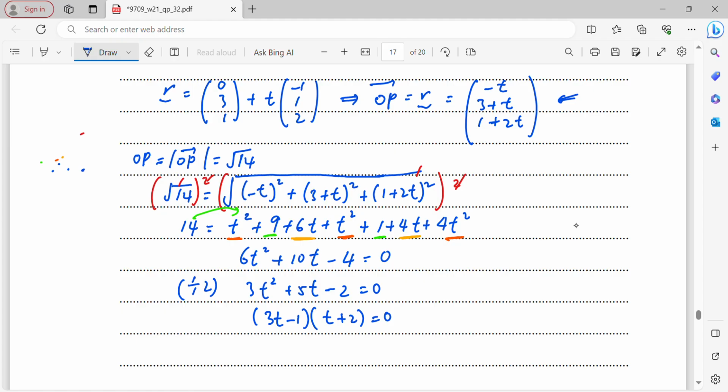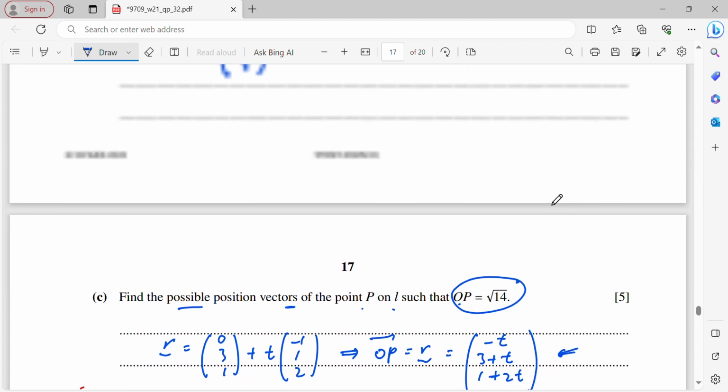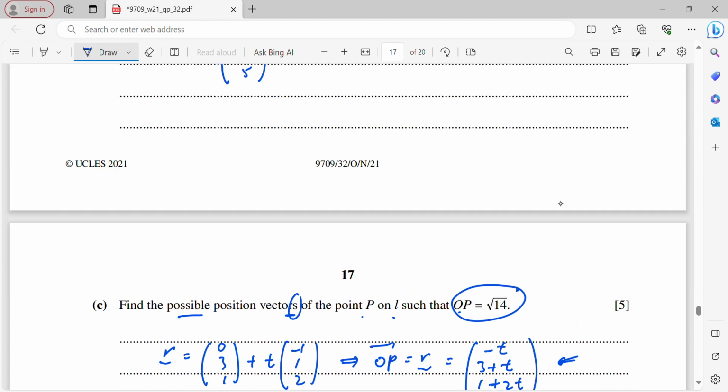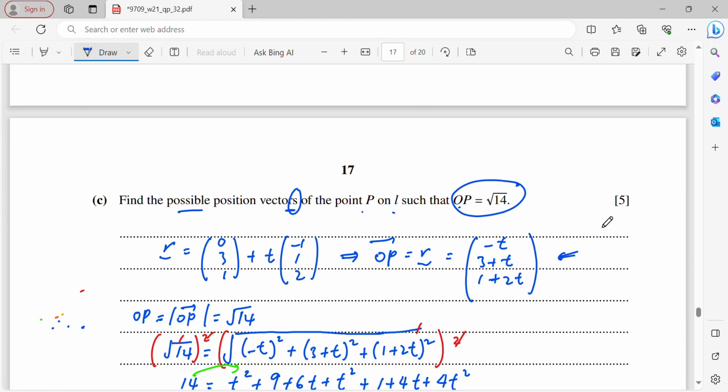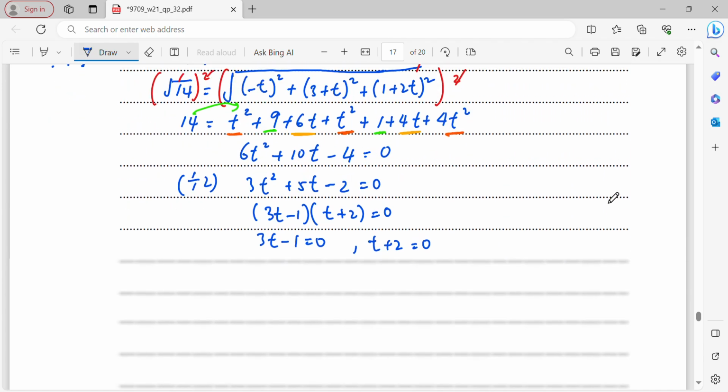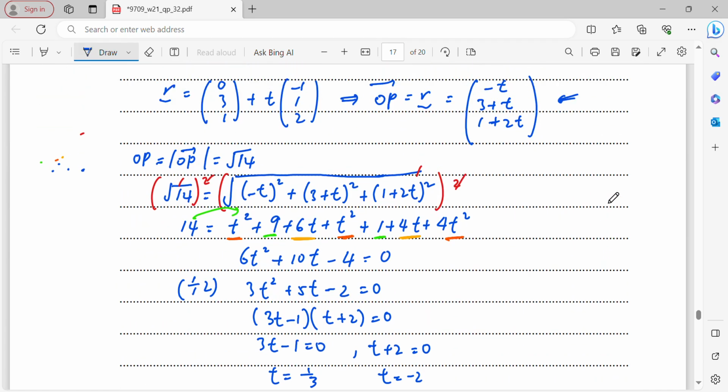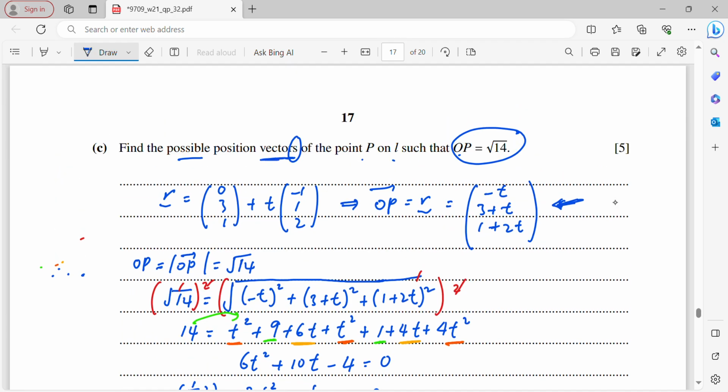So which means for the first bracket, I will get t equals to 1 over 3, or the second one, t equals to negative 2. So now I get two t values. That's why when you look at the question here, possible position vectors, so you should get more than one value. Alright, so now once you have found the t value, just substitute back into this OP, because we need to find OP here.